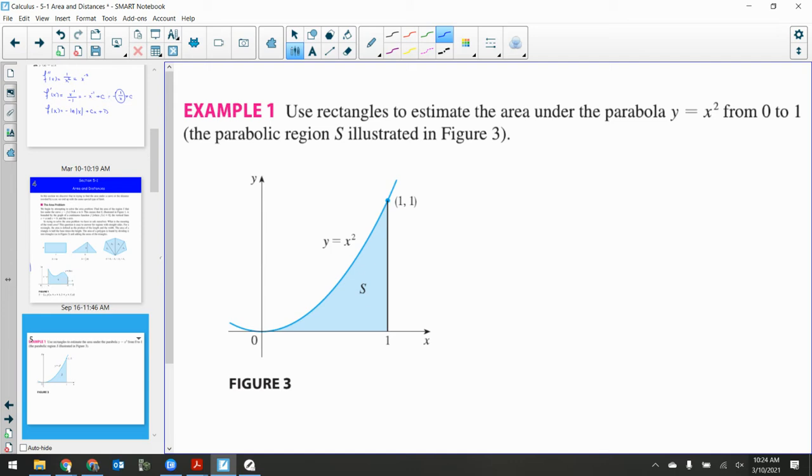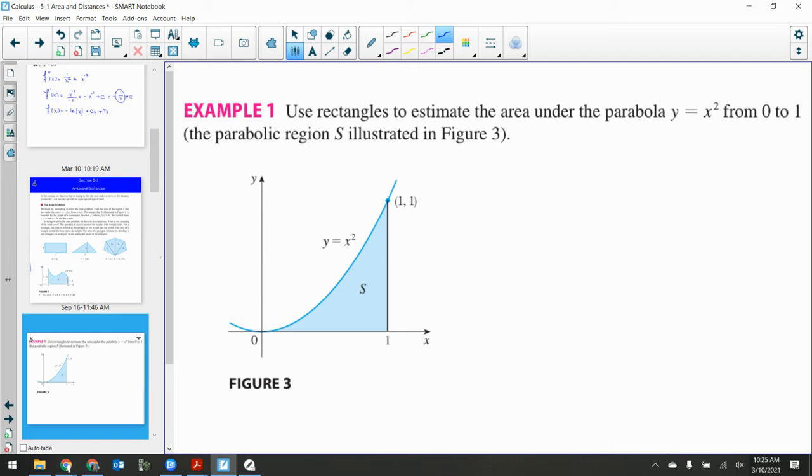This is a very common method. The book just calls it use rectangles to find the area. I've seen it as the rectangular approximation method, or abbreviated RAM.